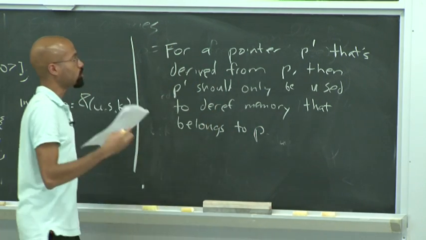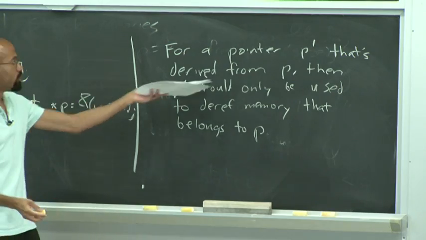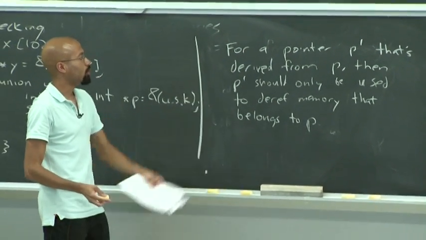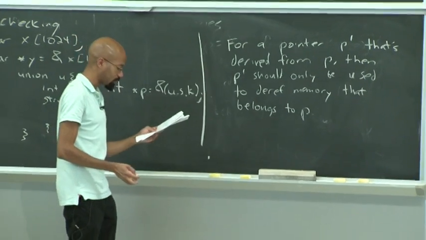Right? So for a derived pointer p prime that's derived from some original one p, p prime should only be used to dereference memory that belongs to p.